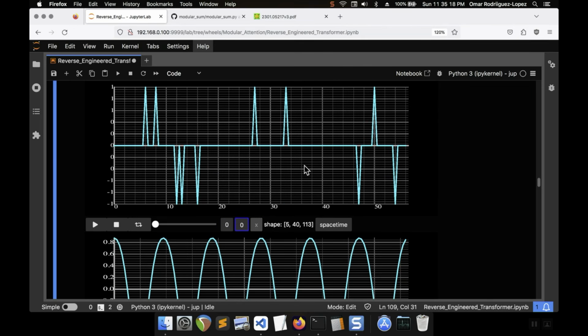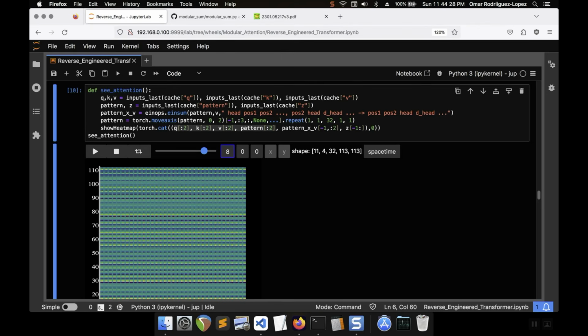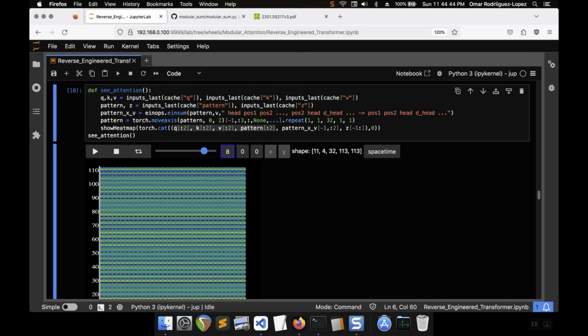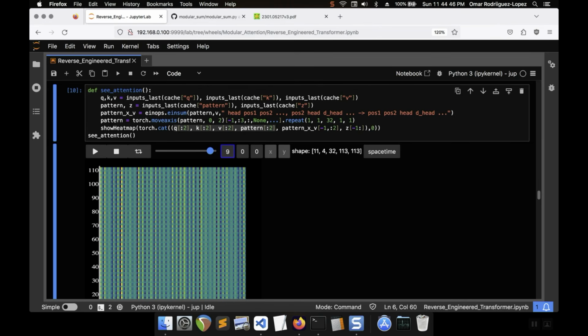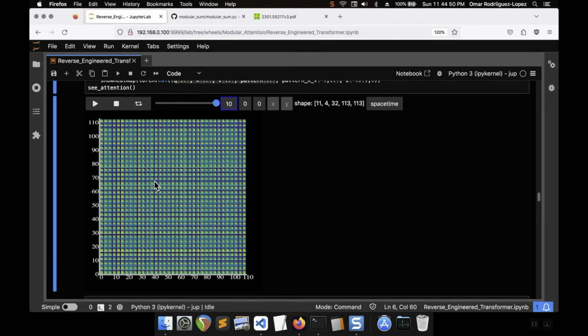Next I'm going to talk about attention. This is the product of value and pattern for just A and then B. So you can see how there's still an axis alignment for A and B. When you sum those, you get this. And that's where changes happen in the network.